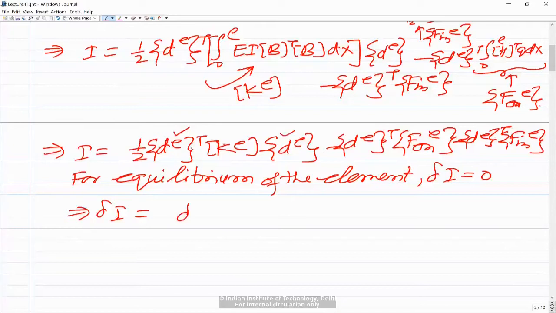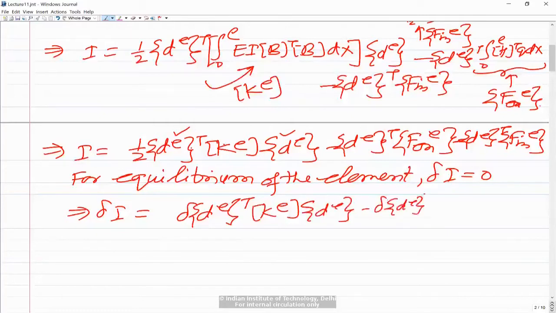So finally we get delta d transpose into Ke into d, minus delta d transpose into f external for the element, and minus delta d transpose into f internal for the element, and this would be equal to 0.